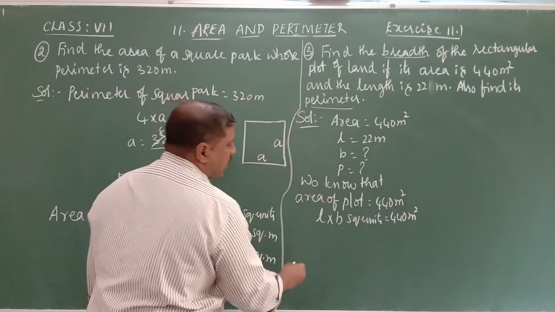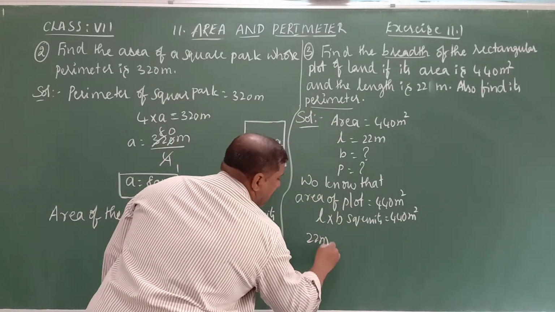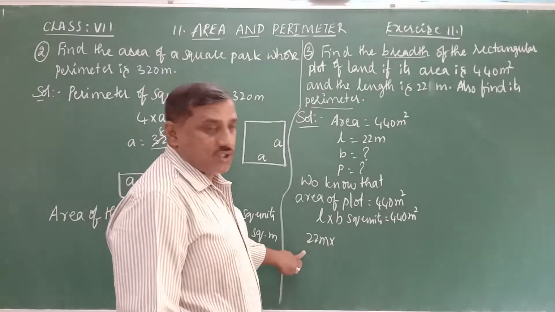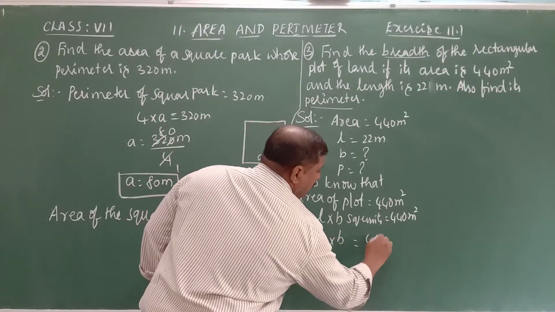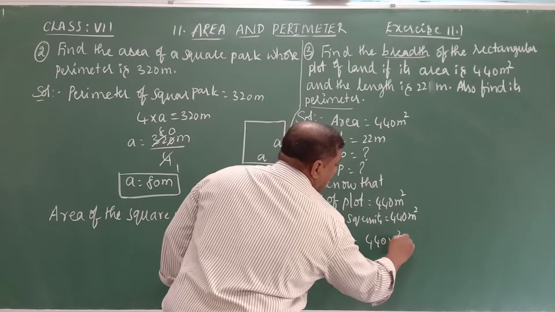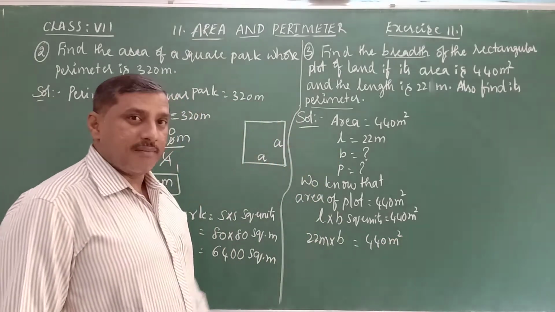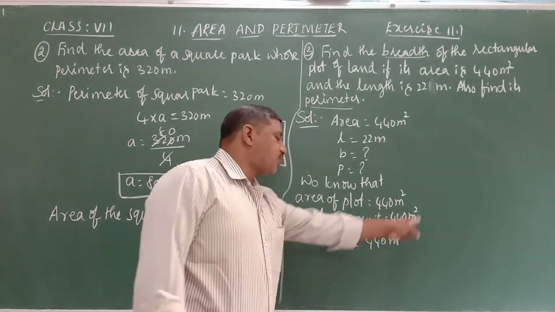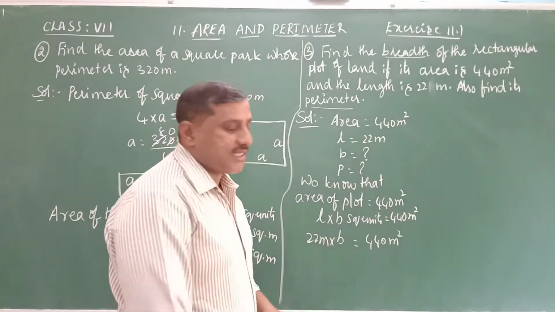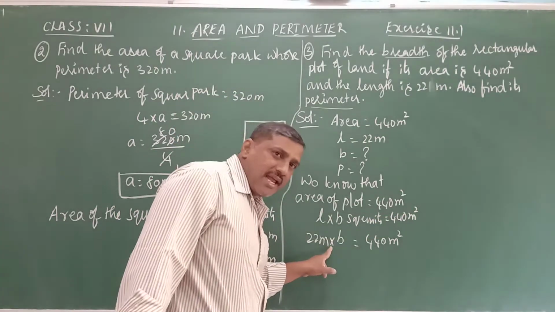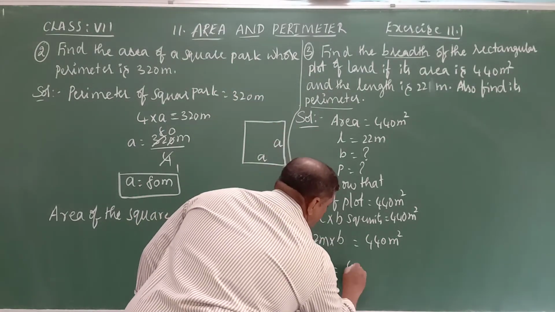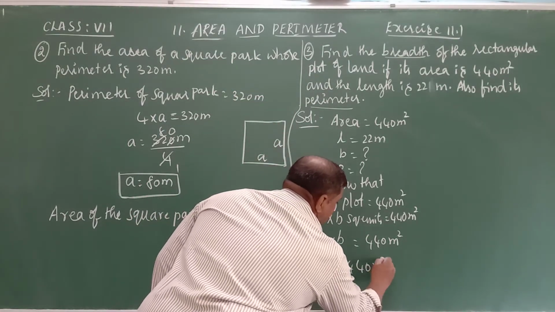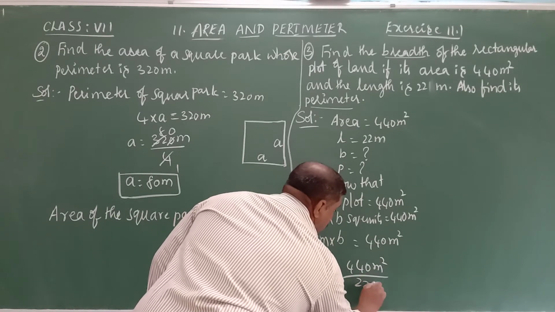So length is given as 22 meters, substitute in the place of length L as 22 meters, into breadth is equal to 440 meters square. Now what do we have to find? B. To find B, transpose length 22 meters to RHS, as here it is multiplying, therefore it divides. Therefore B is equal to 440 meters square divided by 22 meters.